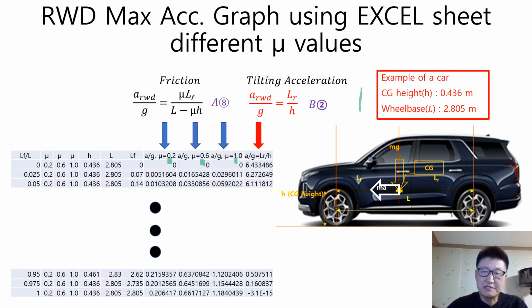Then we can calculate the maximum acceleration from the friction equation A8 for the three different friction coefficients, 0.2, 0.6, and 1. In the other way, we can also calculate the maximum acceleration from the tilting acceleration equation B2. The achievable maximum acceleration is the smaller result of the two equations.